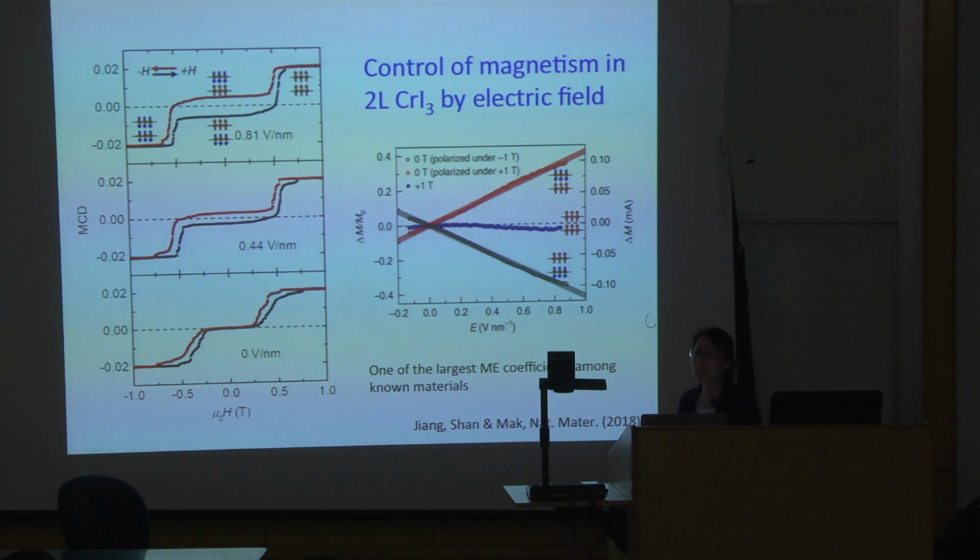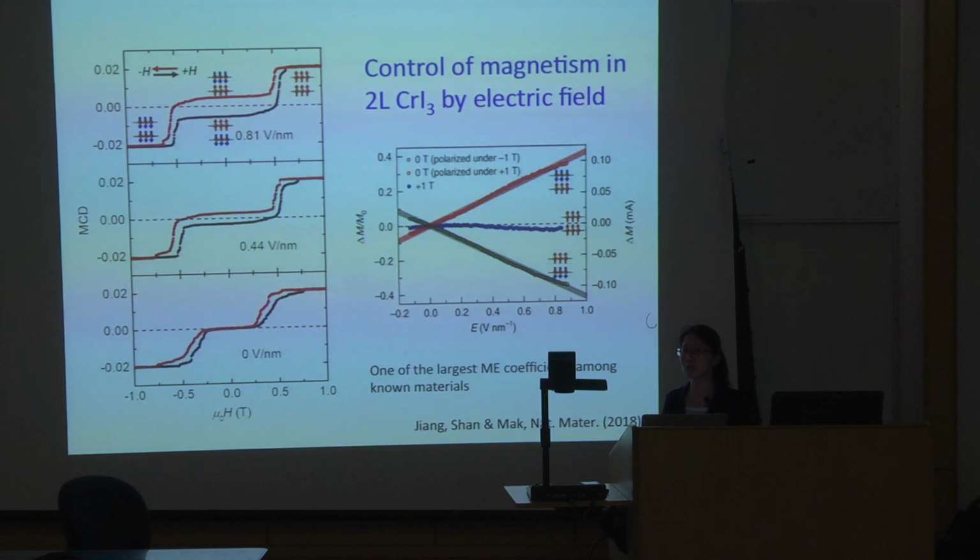So this is fully consistent with our analysis. One thing I would like to mention is that if you look at this slope, this tells you how strong the effect is, right? And this coefficient actually turns out to be very large. This is one of the largest coefficients we know in different materials, okay?